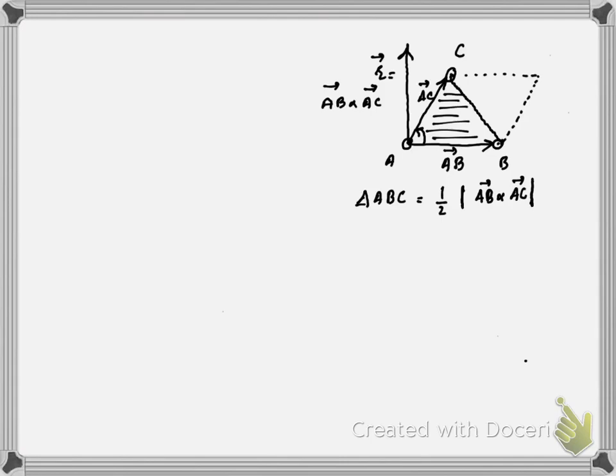So first we find the vector from A to B. Vector from A to B is B minus A. B is equal to 1, 1, 0. A is equal to 2, 1, minus 3.